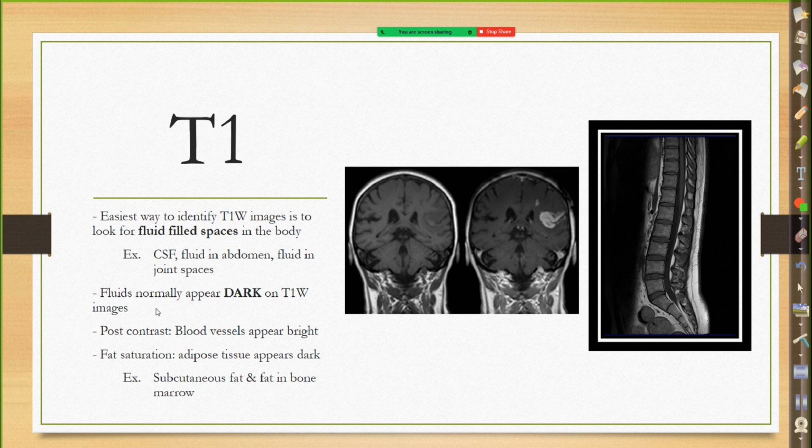So fluids normally appear dark on T1 weighted images, but if you inject contrast, like you do here, so here's a non-contrast T1, and here's a contrast-enhanced T1. Blood vessels will appear bright, and typically a lot of pathologies are vascular fed.